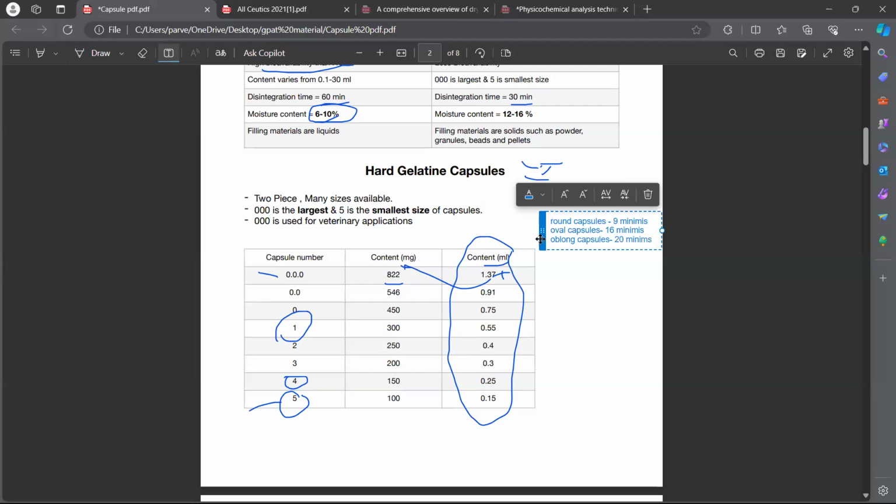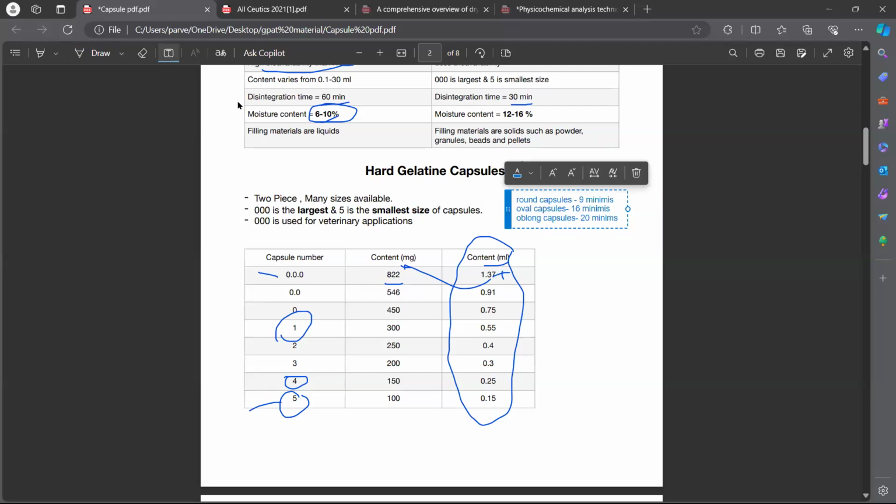This is also important, you have to remember it. For human use, the maximum size which can be used is only 0. The 00 and 000 are generally used for veterinary purposes.